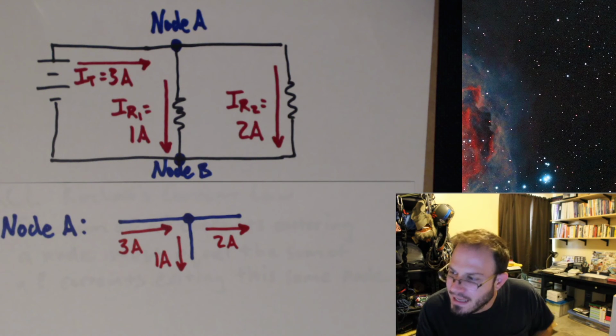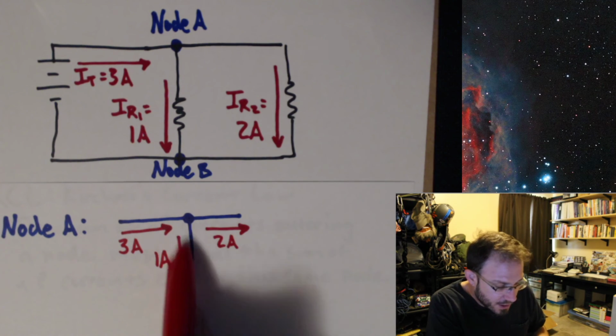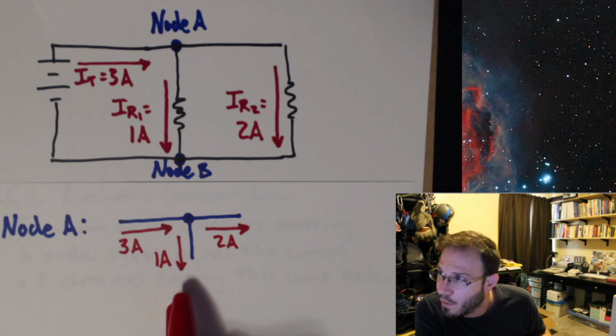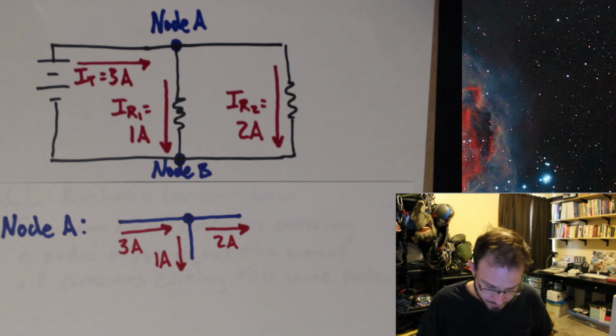If you notice what's happening, current is splitting, okay? Some of the current's going this way, some of the current's going this way. It's getting divided. So we actually call this a dividing node.